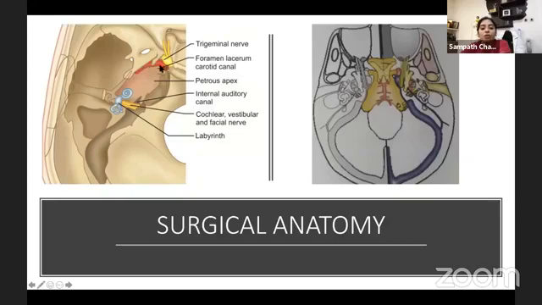The anterior wall is dehiscent, and anteromedially it is occupied by the petrous part of the internal carotid artery. There is one fissure between the clivus and the petrous apex, the petro-occipital fissure, which has dense fibrous tissue. Along with that, it has the inferior petrosal sinus, which divides the petrous apex from the mid-clival region.